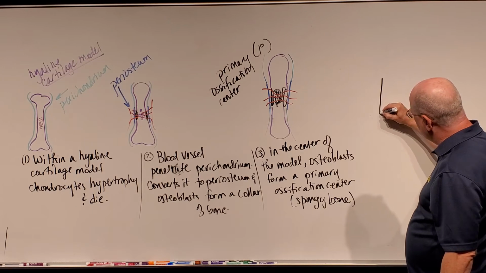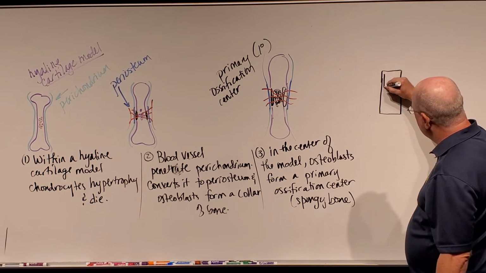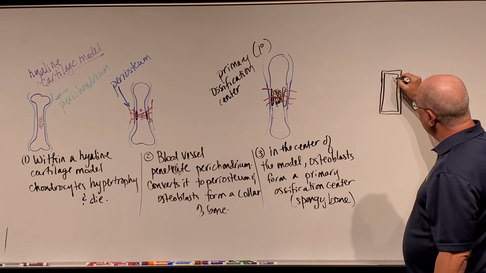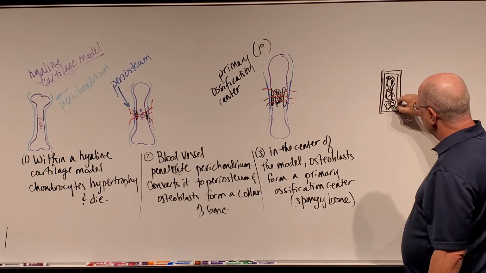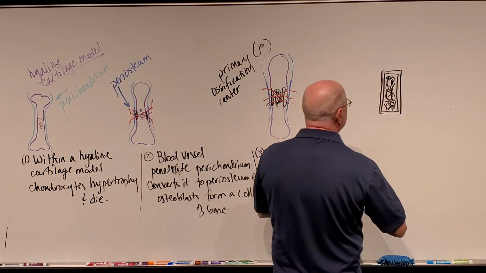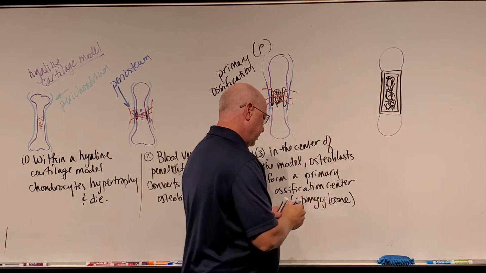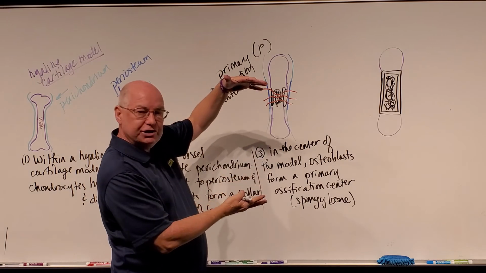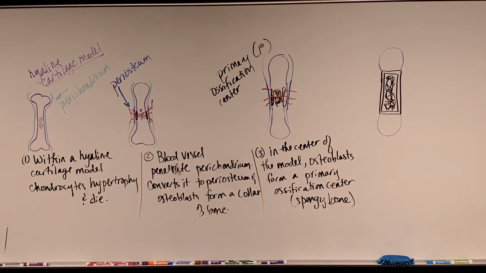I would have a thin collar of compact bone, and this whole thing would be filled with spongy bone. And then out here, where the epiphyses would be, I still have some cartilage. And as that primary ossification center is extending outwardly, let me make sure I'm not getting too far to the edge of my screen.